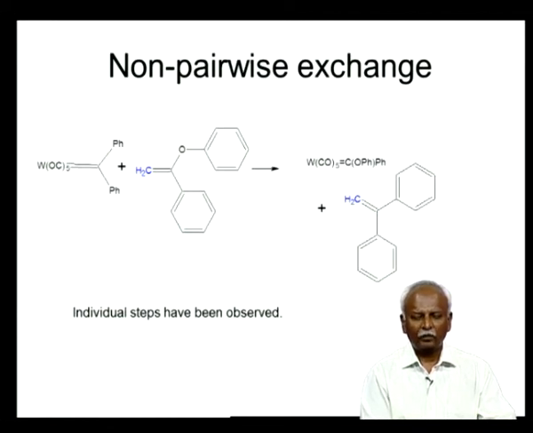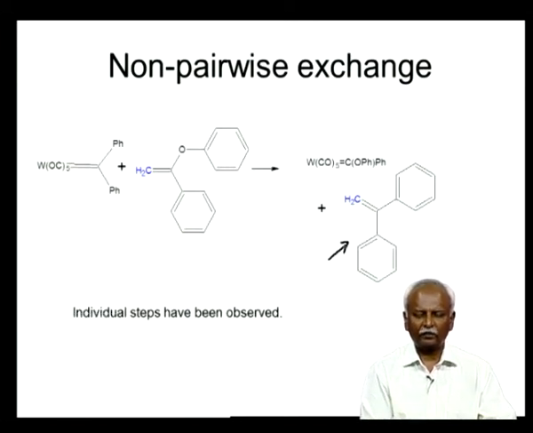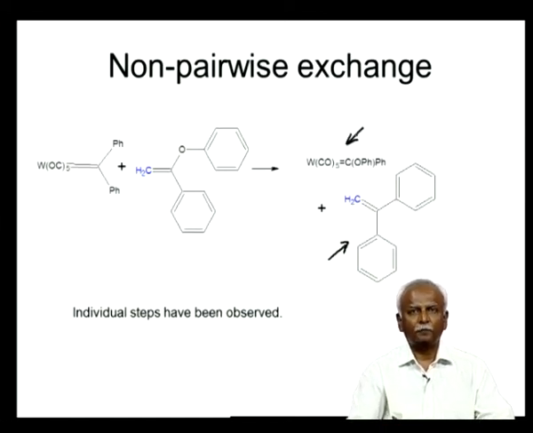And if you react these two species, you end up with the final product, which is 1,1-diphenylethylene, which is pictured here. This is the 1,1-diphenylethylene and a more stable carbene tungsten complex, which is pictured here.